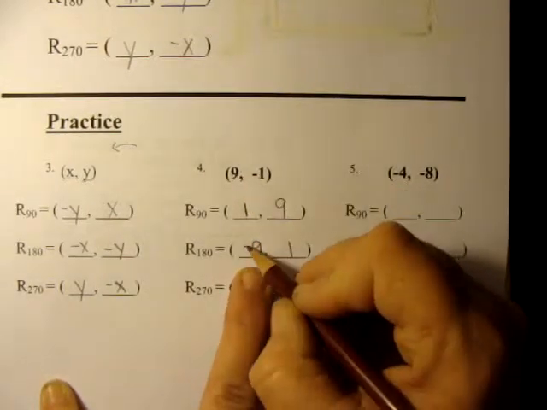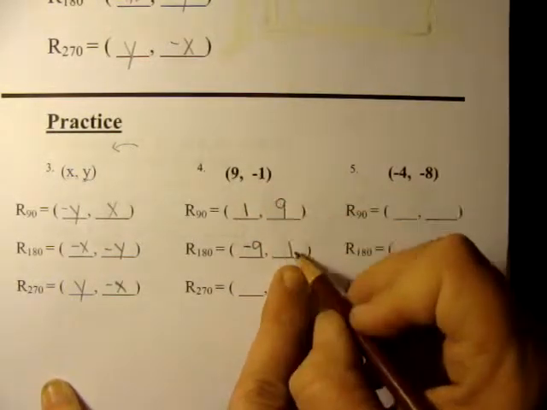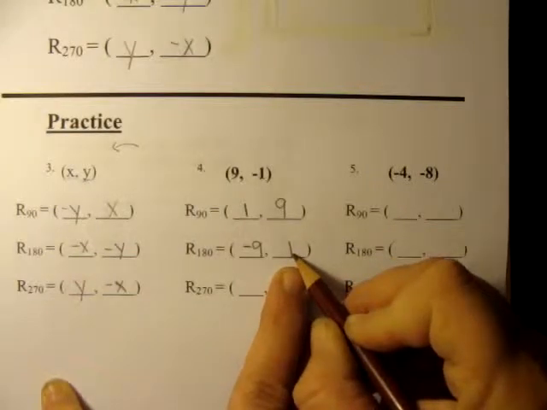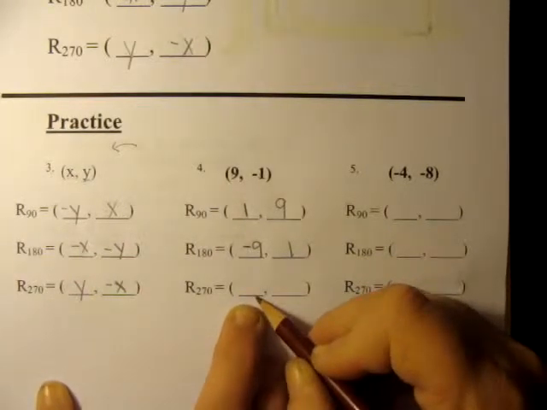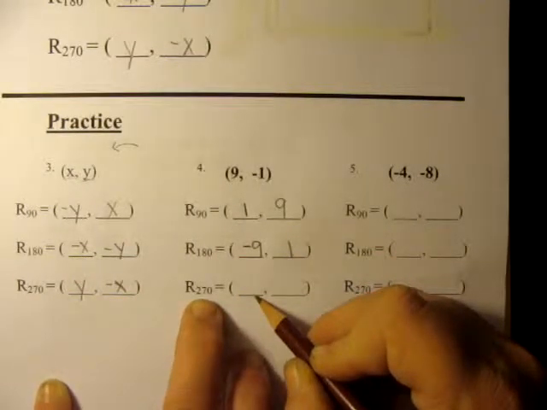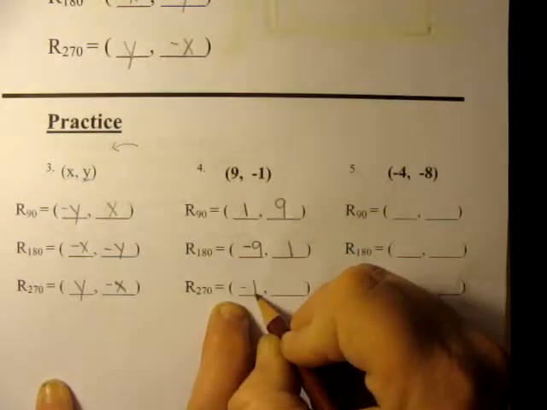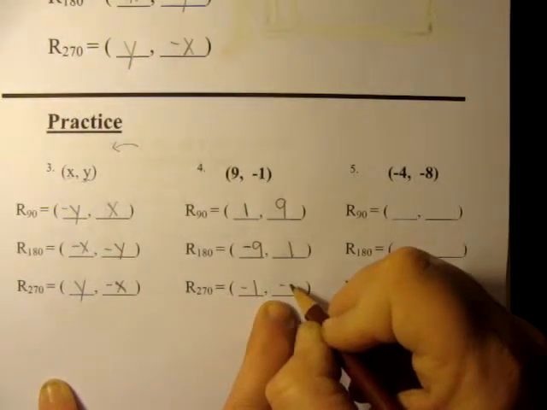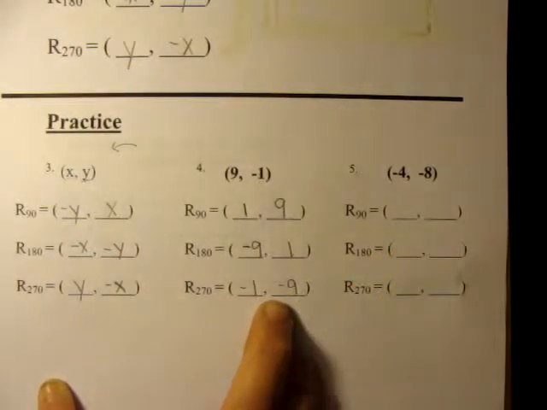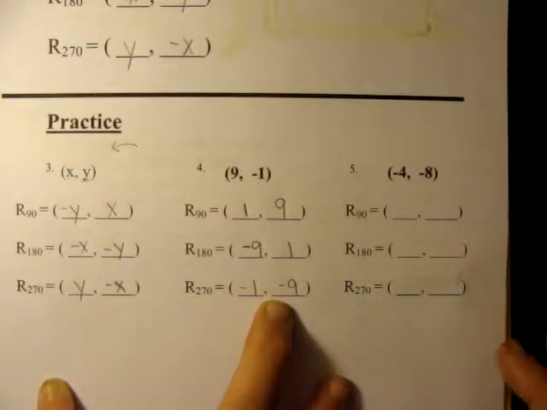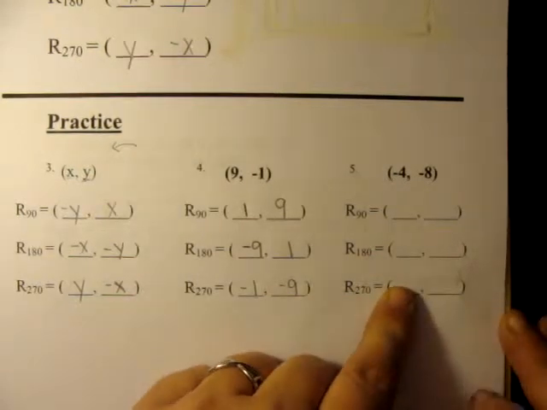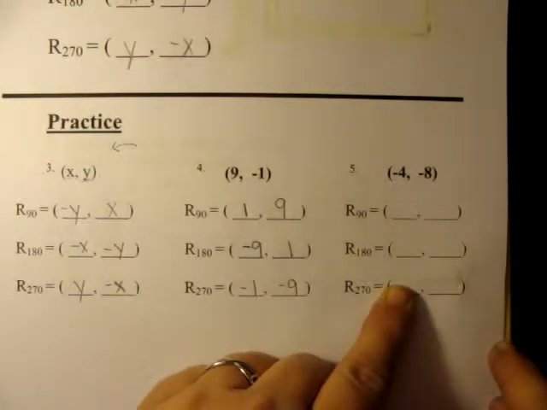So X became negative 9 and Y became positive 1. For the rotation of 270 degrees, Y stays the same and X becomes opposite. If you'd like to try the next one on your own, press pause and then come back to the video.